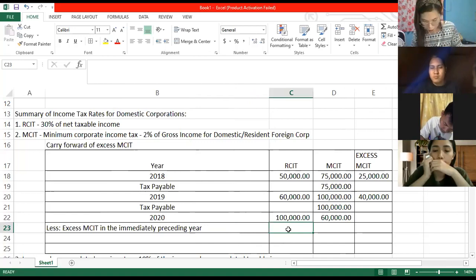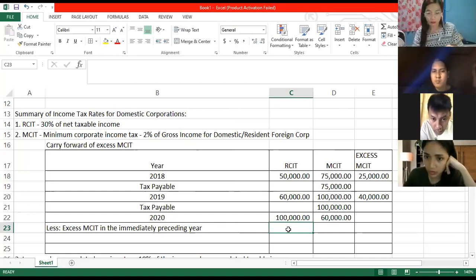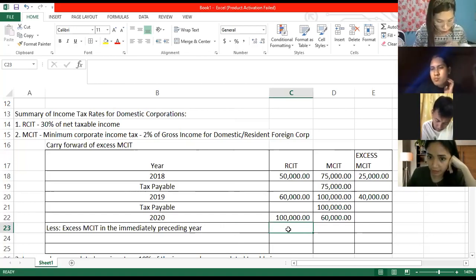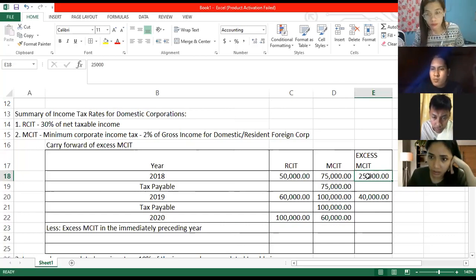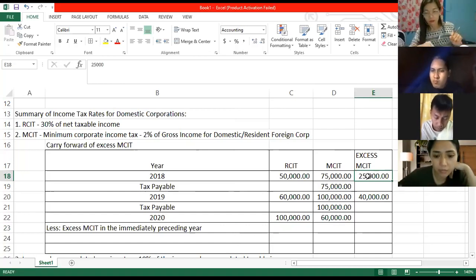Okay, yung principle is yung excess daw ng minimum corporate income tax over the regular corporate income tax or the normal income tax shall be carried forward and credited against the normal income tax or the regular corporate income tax for the 3 immediately succeeding taxable years. So meaning to say, itong 25,000, i-carry over natin yan sa RCIT kapag ang RCIT is greater than the MCIT in the next 3 years. Okay? So kung ika-4th year na, hindi na siya pwede ma-deduct, no?